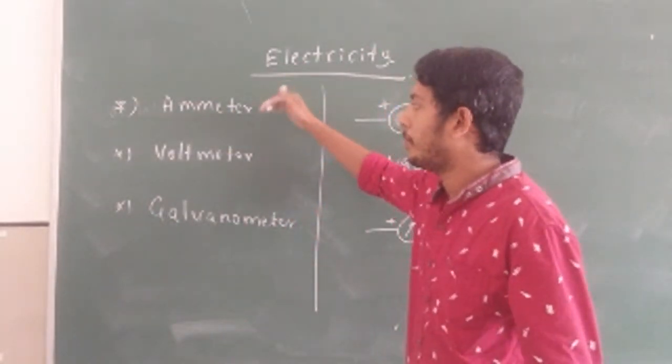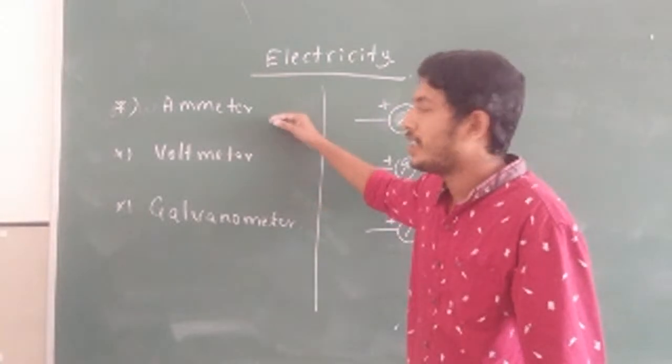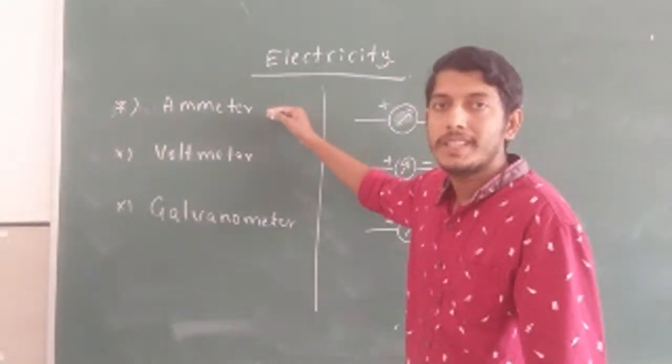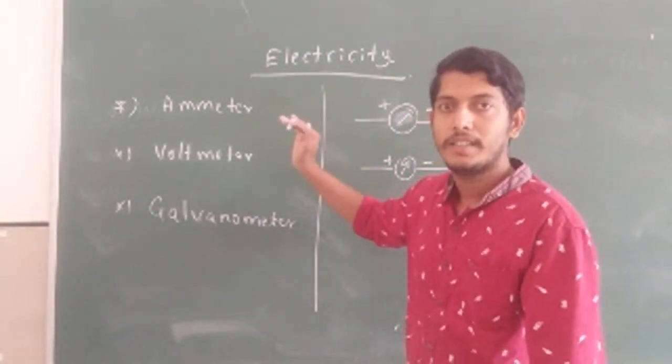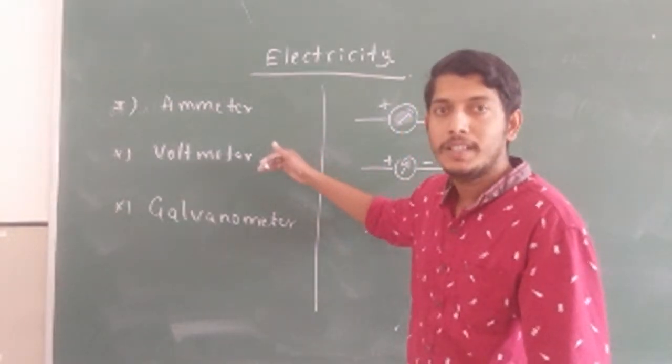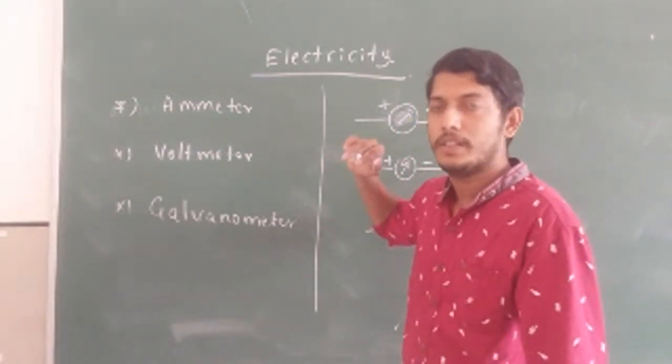One is ammeter, voltmeter, galvanometer. The ammeter is used to measure the current. The voltmeter is used to measure the potential difference.